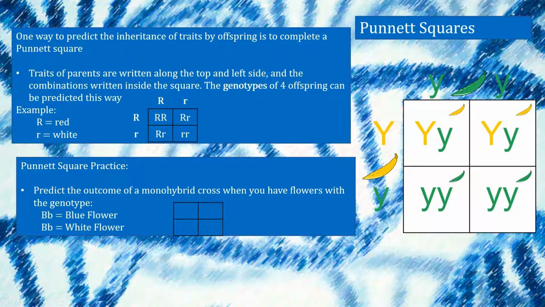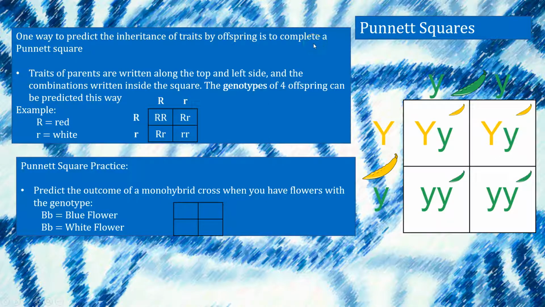Now, the way Mendel calculated probability for his patterns of inheritance, he used what is called a Punnett square. This is what this diagram is, folks. It is one way to predict the inheritance of traits by offspring.